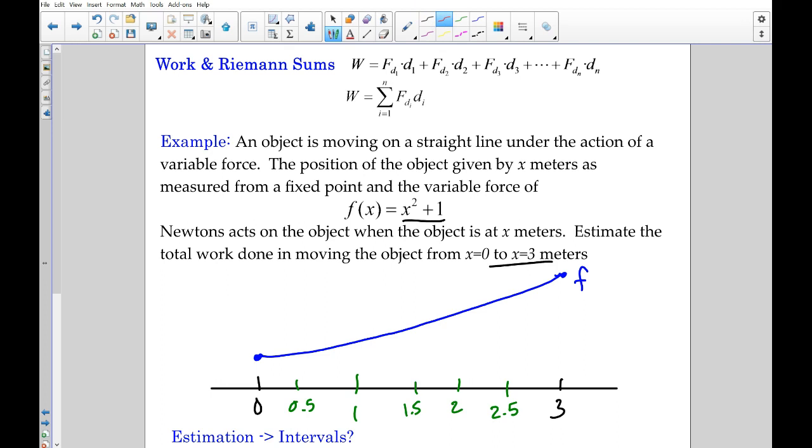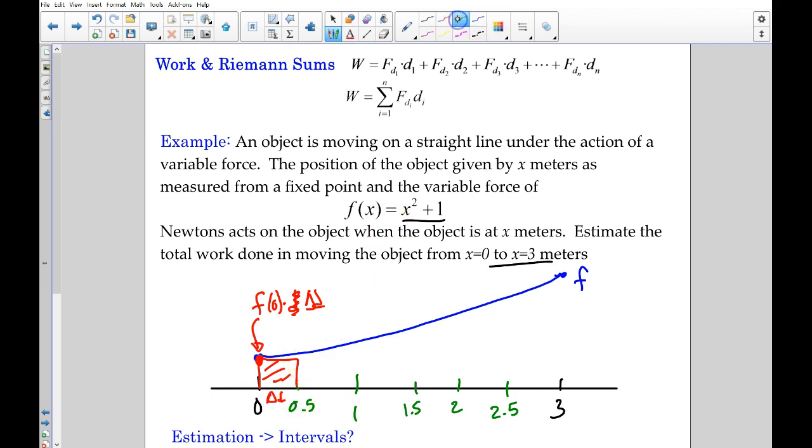But so the idea, again, just as we saw in the last slide, was we're going to try to make rectangles here using a left endpoint. So find the force at 0 multiplied by the distance, so I'm going to call this delta D, distance here. I'm sorry, that's delta D. So that would give me the work from 0 to 0.5.